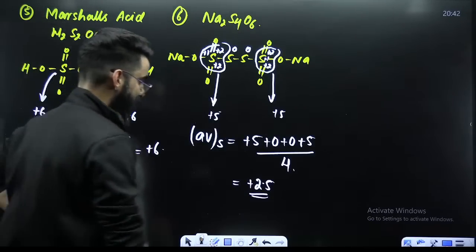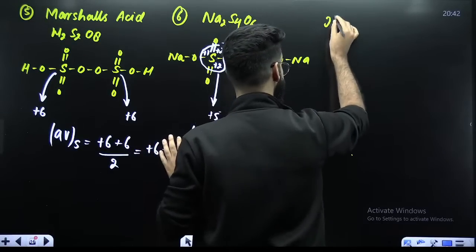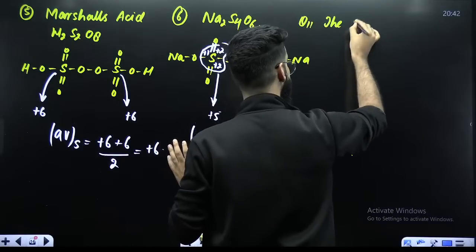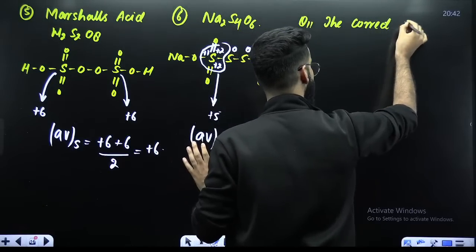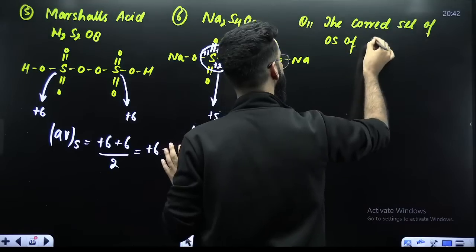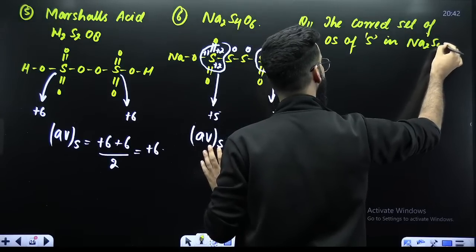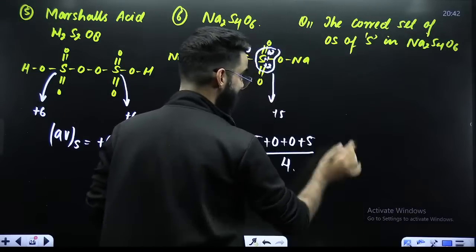Perfect. And once, as I told you, there was a question asked from this particular compound. The question was, the correct set of oxidation state of sulfur in Na2S4O6. So what is going to be the correct set of oxidation state?